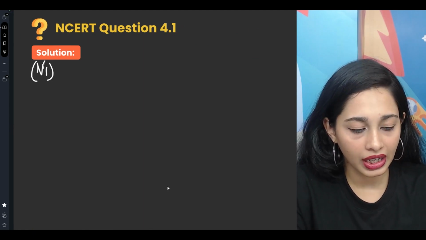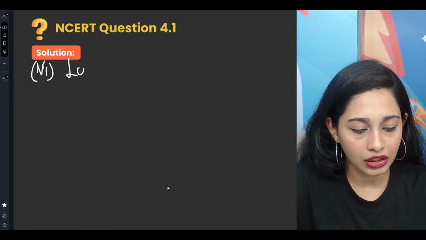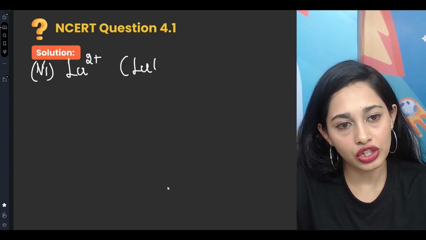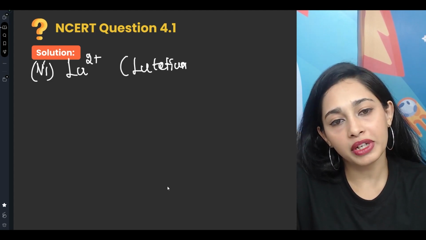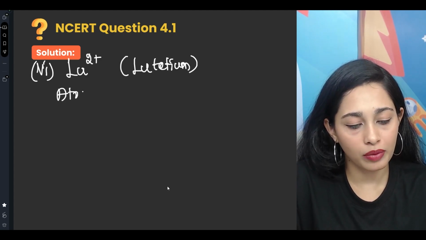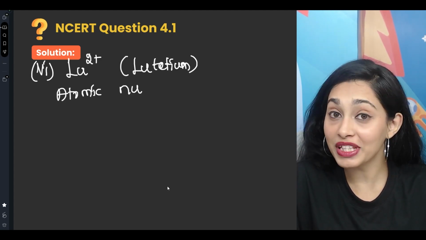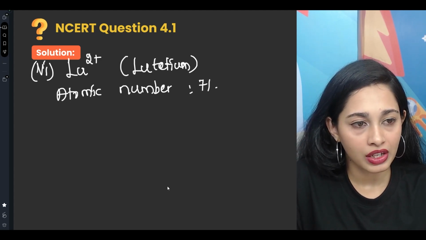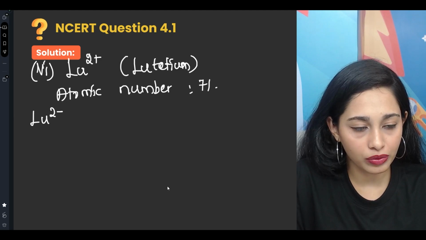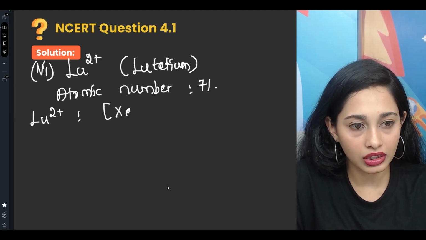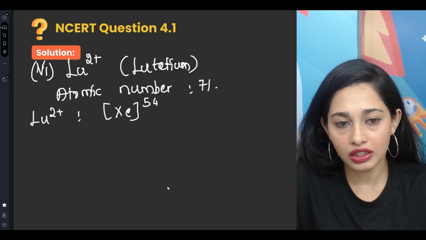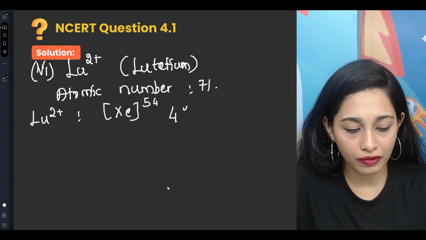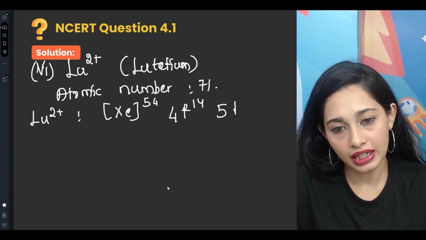Next, the sixth one is lutetium, Lu2+. The atomic number of lutetium is 71. So the electronic configuration of lutetium 2+ will be xenon, whose atomic number is 54, followed by 4f14 5d1.